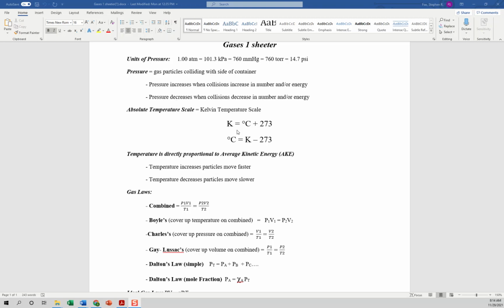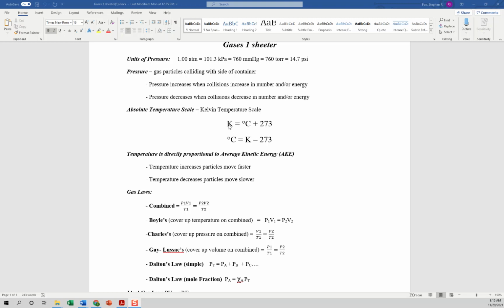All right, it's important to remember this equation. Most of the time you'll be given temperature in degrees Celsius, but if you're going to plug a temperature value into one of these gas laws, it's got to be in Kelvin. So make sure you remember the 273. If you're at 25 degrees Celsius, you add 273 to that, and that's 298 Kelvin.